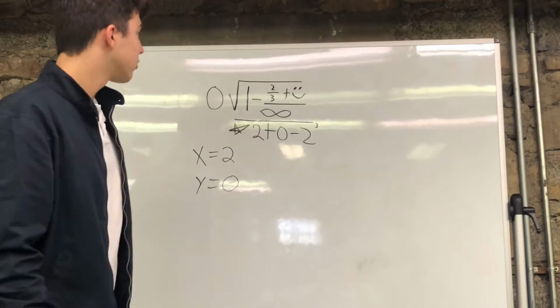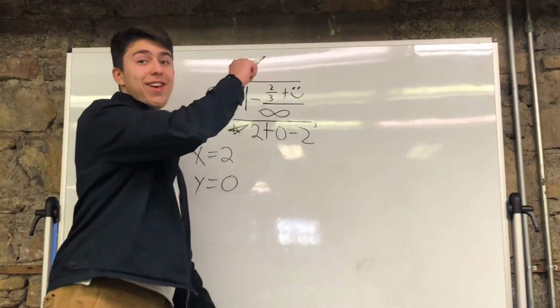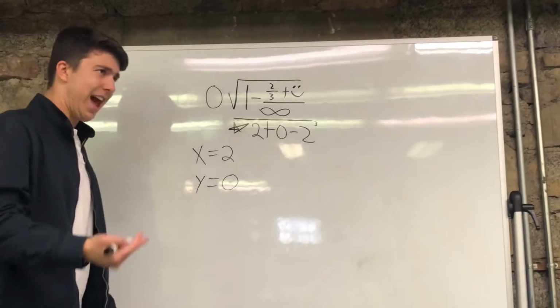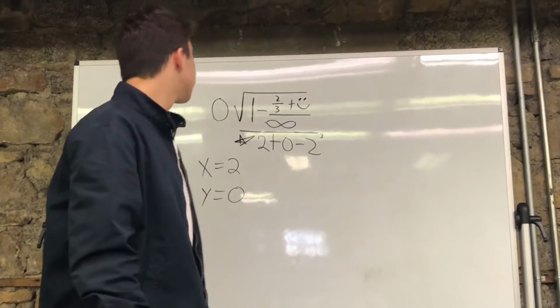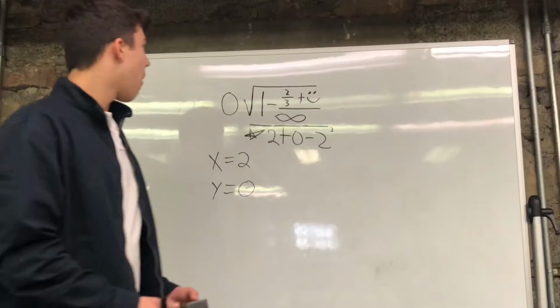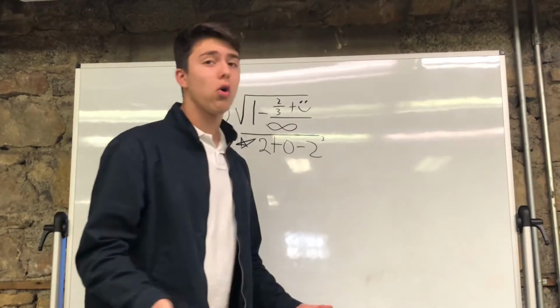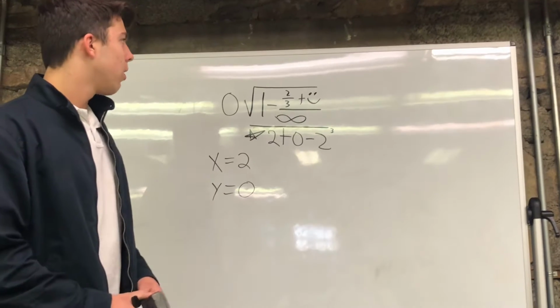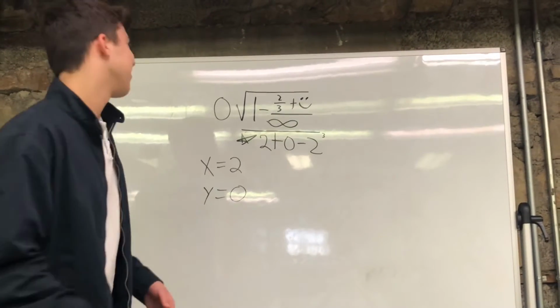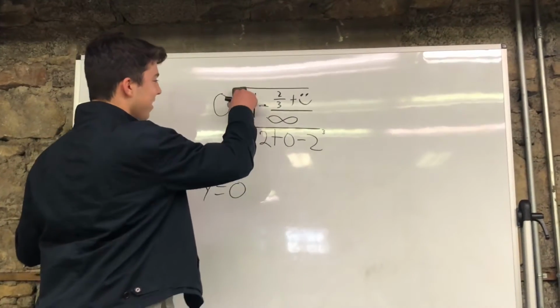Perfect. Now we got this square root. This is called a square root, or in Latin, they like to call it the square root. It's just kind of like a fancy thing that's there. So most of the time you can just kill it. You can just cancel it out. You can just erase this.